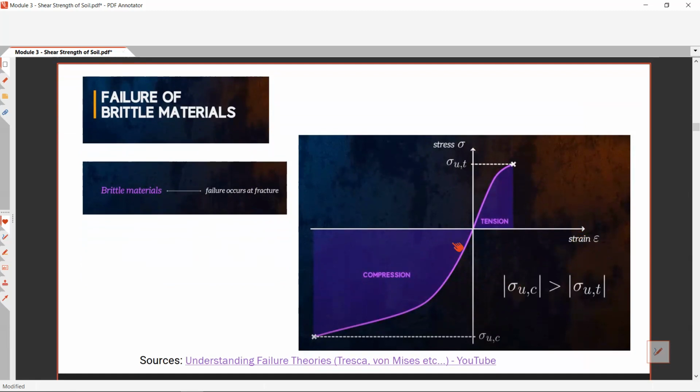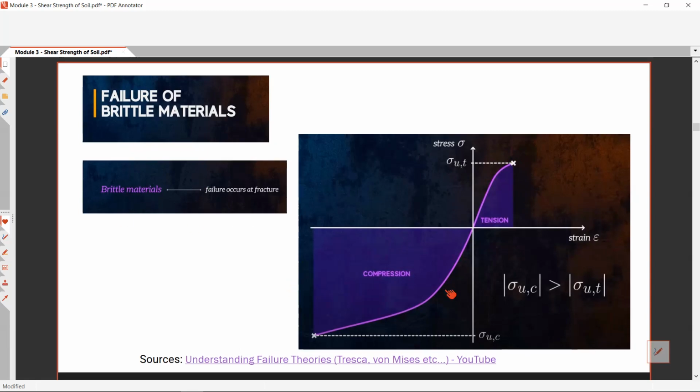As you can see, the compressive strength of a brittle material is much larger than its ultimate strength. Therefore our soil is also much greater in compression than in tension. So we can say that our soil is a brittle material. It's an example of a brittle material.